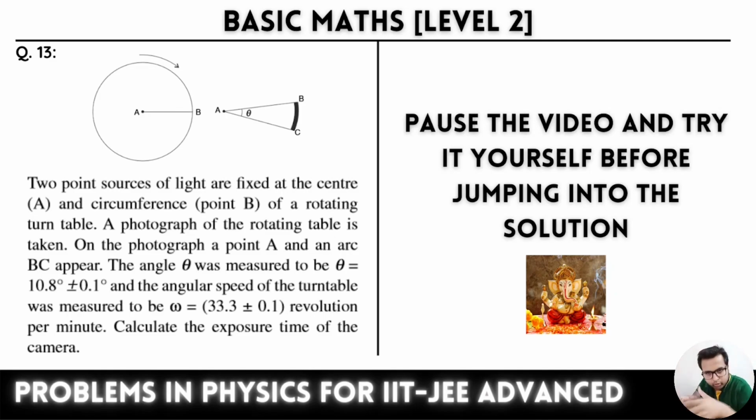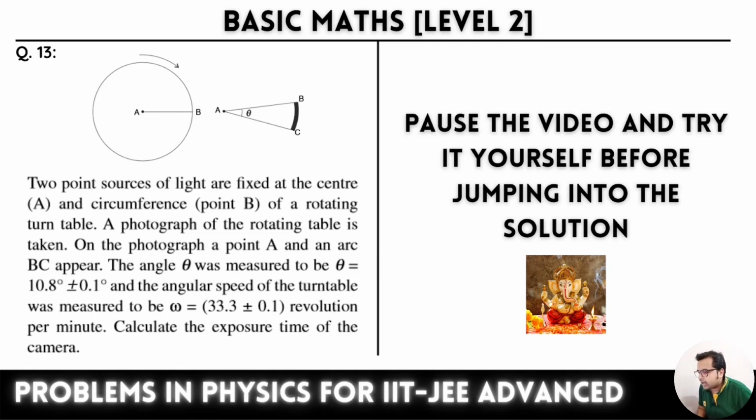On the photograph, a point A and arc BC appear. When you look into the photograph, you see a segment with A, B, C arc, an arc BC, and the point light source A.